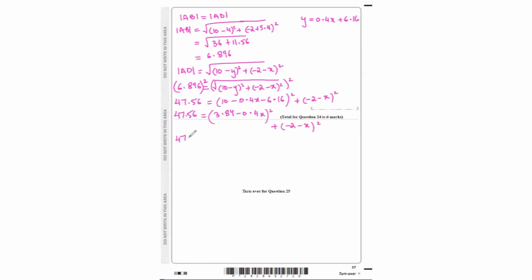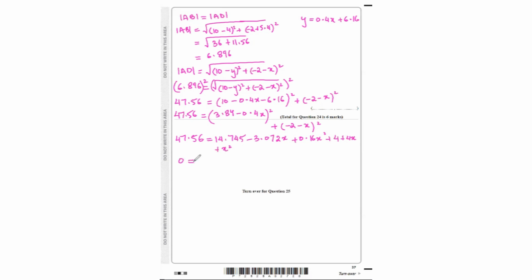So 47.56 equals 14.745 minus 3.072x plus 0.16x squared plus 4 plus 4x and then plus x squared.